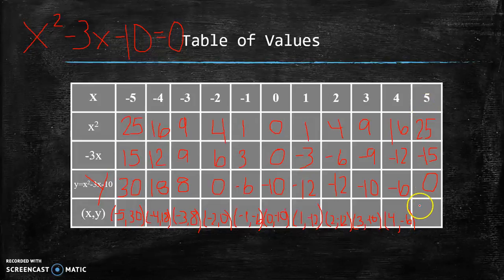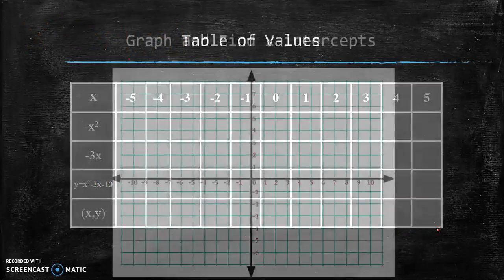And 5, 0. With these coordinates that we just found, we're going to plot them.